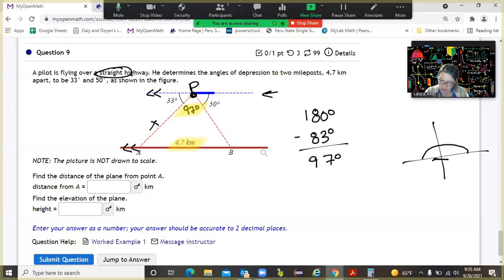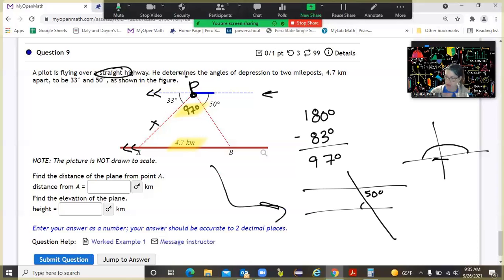So we would want this angle over here. So we have 2 lines being cut by a transversal like this. And what we'd like to do is try to figure out what this angle is. So remember, this would be the same as this one, right? Alternate interior angles are congruent. Sometimes I just have to take it off the picture because there's too much going on in the picture. But this and this would actually be the same. So if that's 50 degrees, we know that this one is 50 degrees because they are alternate interior angles.